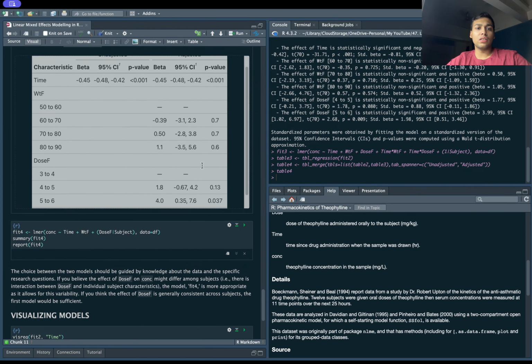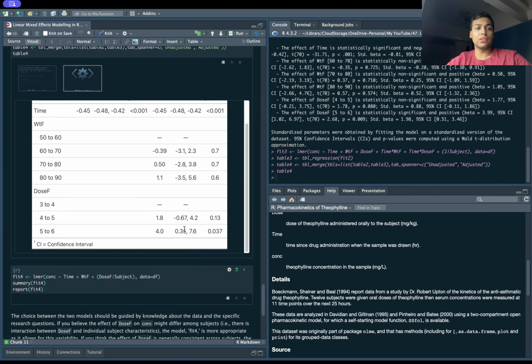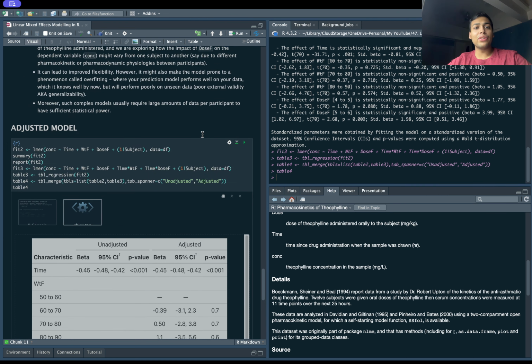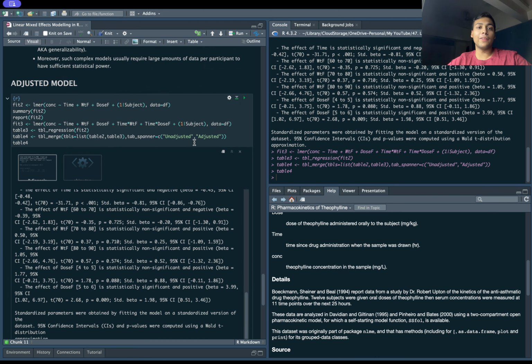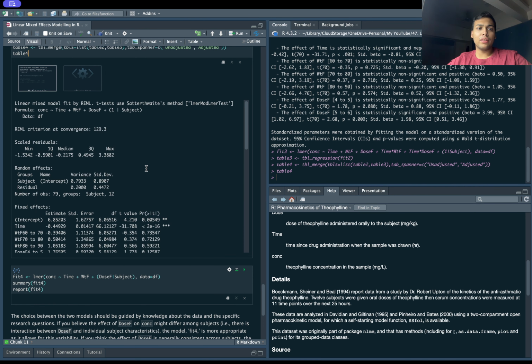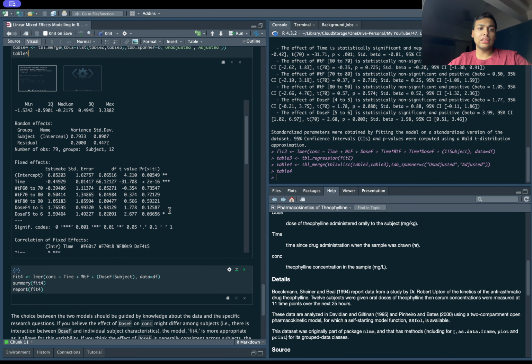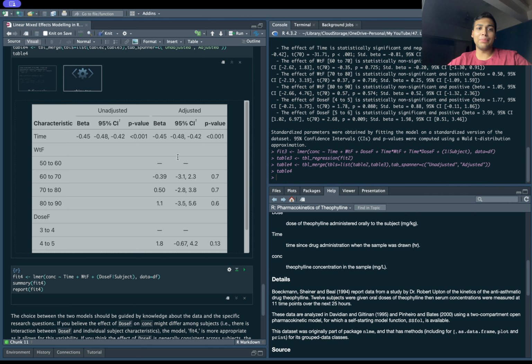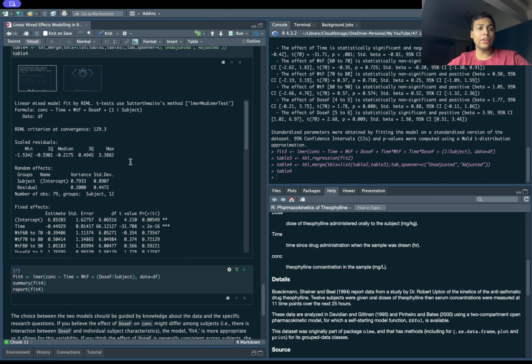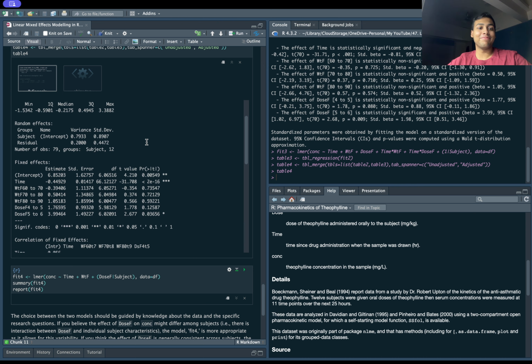It's just the confidence interval. See the confidence interval, it's not too much. So I won't read too much into this significant p-value. And this is the same table in a very non-user friendly format.